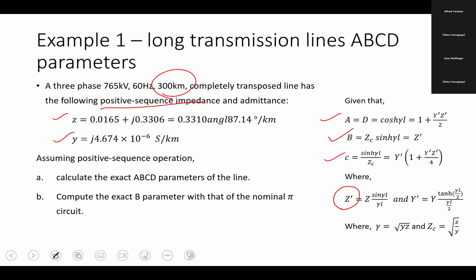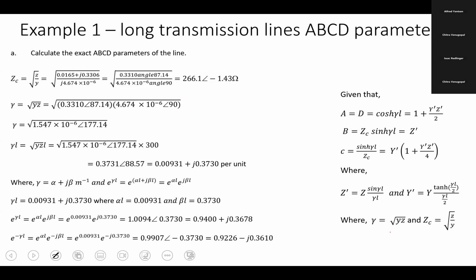Y prime is given by this equation, Z prime is given by this equation, and there is also a constant here, gamma. Gamma is the square root of Y times Z, and ZC is the square root of Z over Y. This is the characteristic impedance, and this is the propagation constant. Apply the values here so that you can calculate the Z value, Y value, everything.